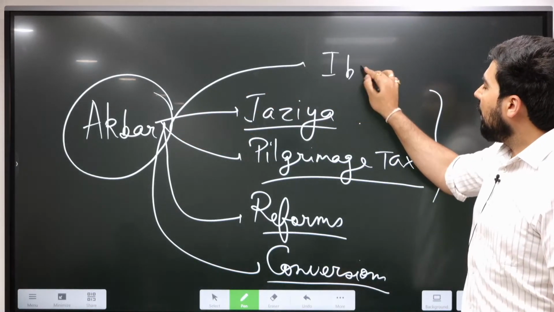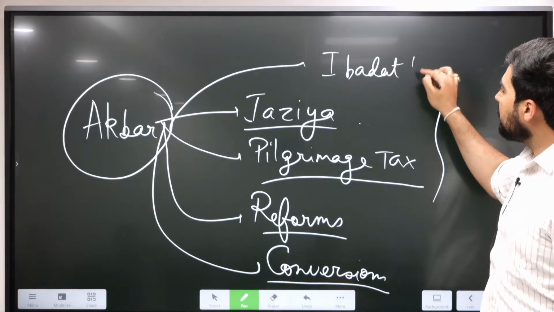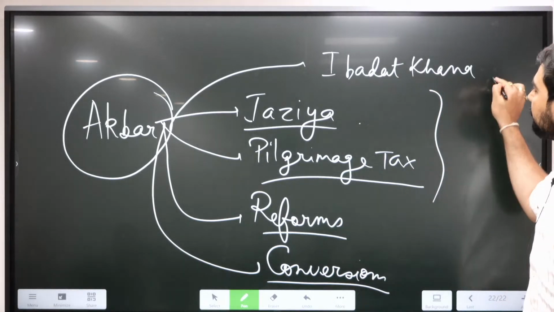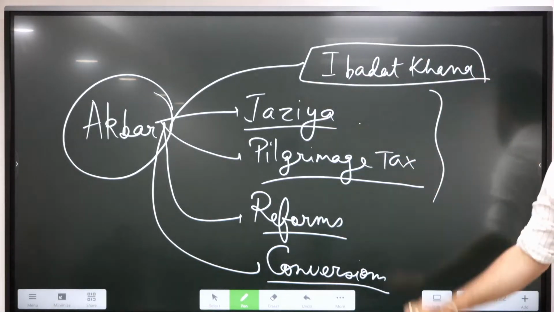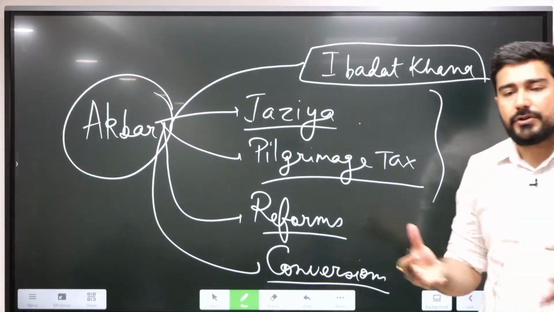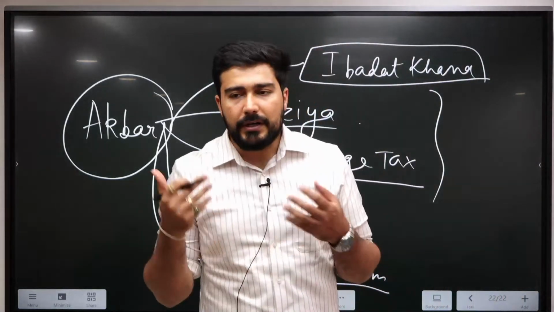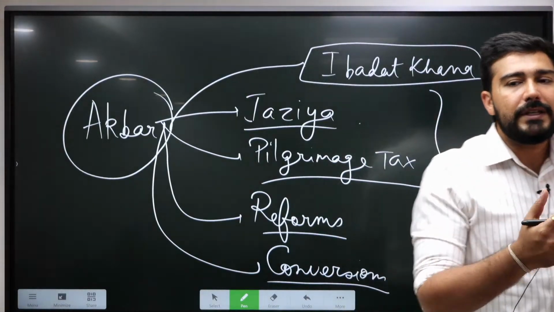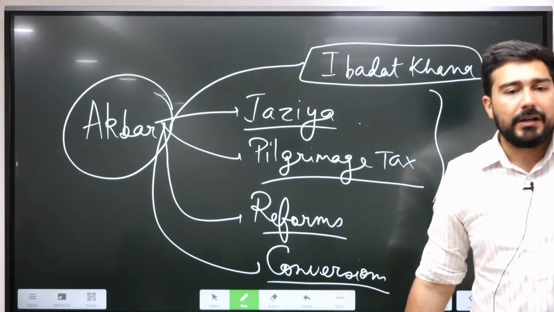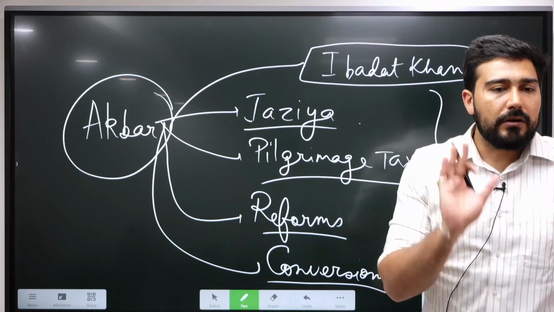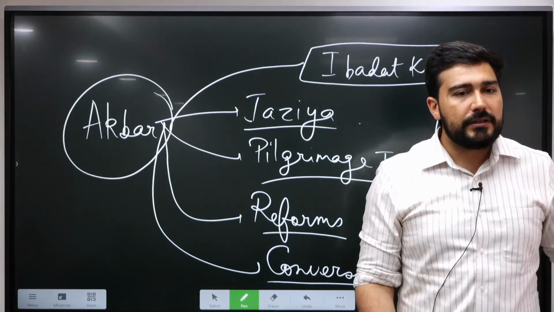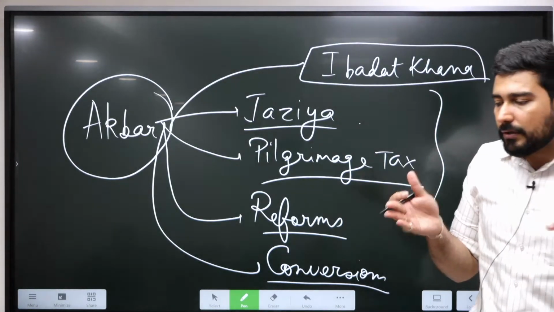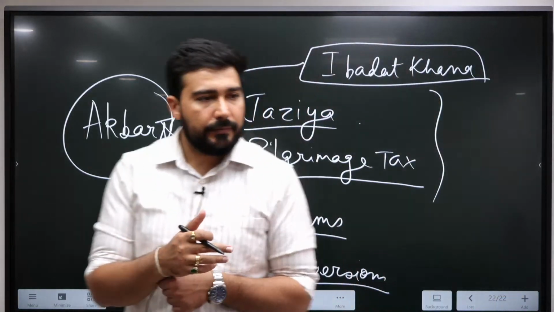He developed a famous place known as Ibadat Khana. At this place there used to be discussions between the scholars of different religions, and through these discussions he came to realize that truth is in all religions. That's why this artificial differentiation between people should not be there.